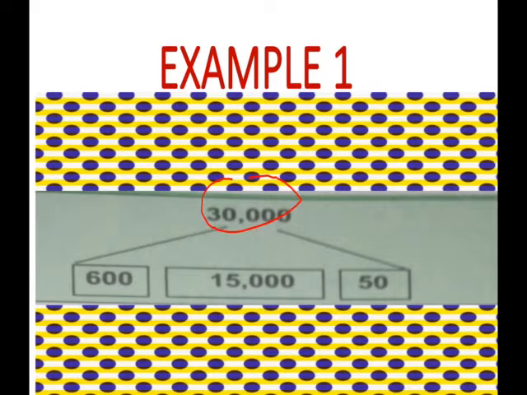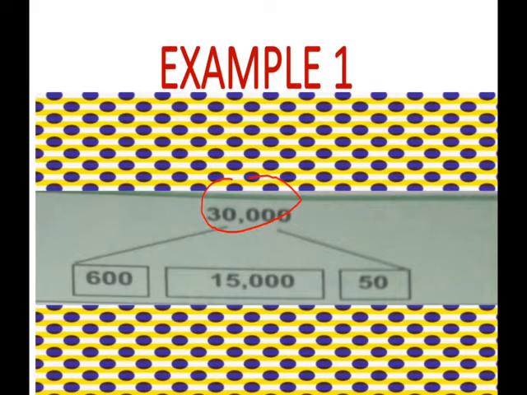How can we get our 15,000? To get 15,000, what you simply do is 30,000 divided by 2. Because 15,000, 2 times is 30,000.